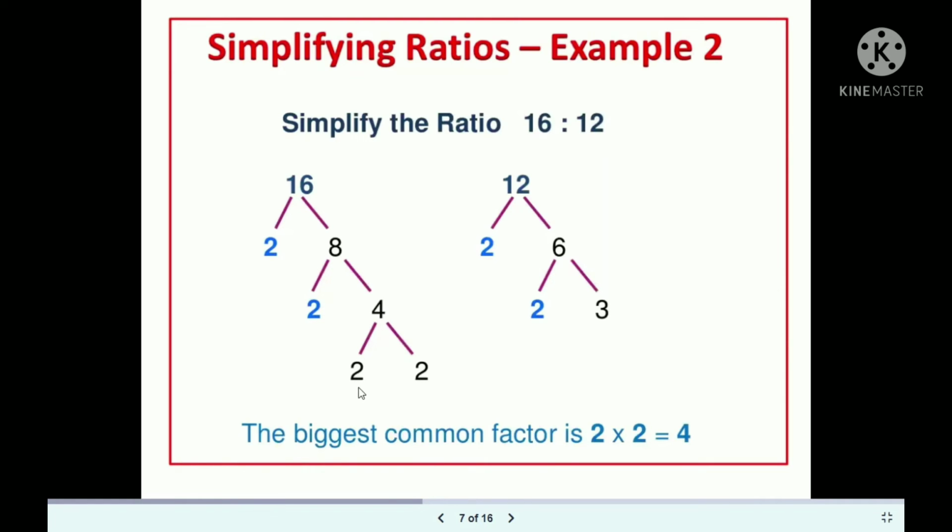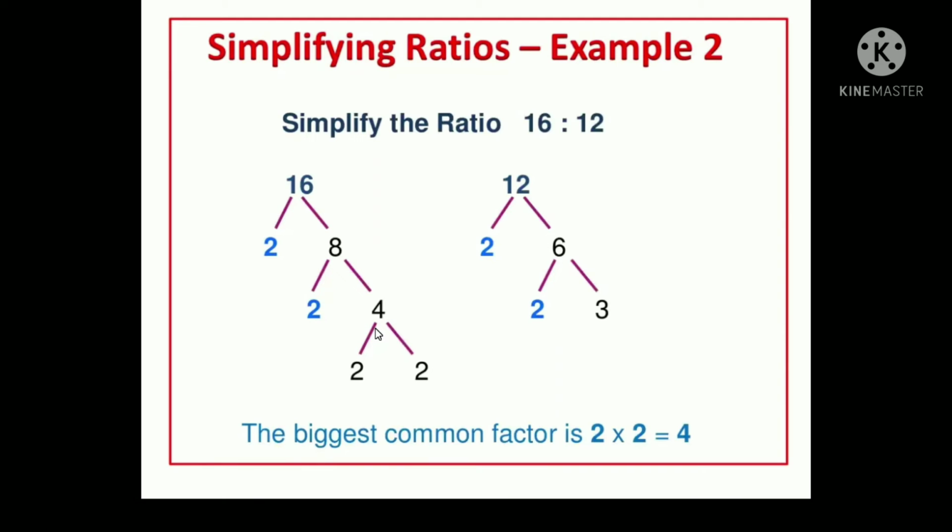Kaya, ang gagawin po natin sa 4 ay hahanap po tayo ng mga prime factors na pwede. So, we have 2 times 2 is equal to 4. So, we have now the prime factors of 16, that is 2 times 2 times 2 times 2. So, may apat po tayo na 2 as prime factors of 16. Ayan.